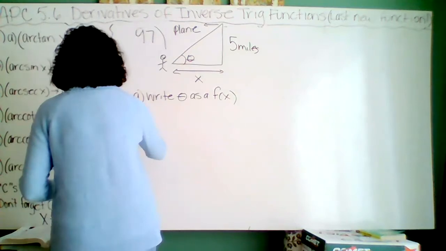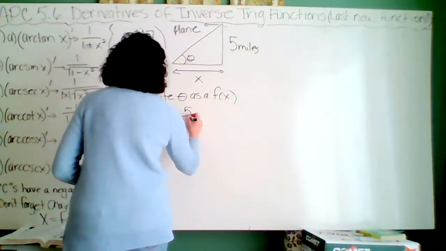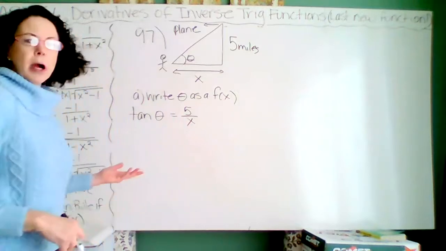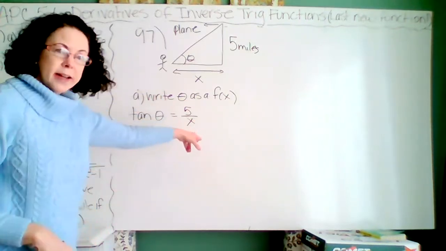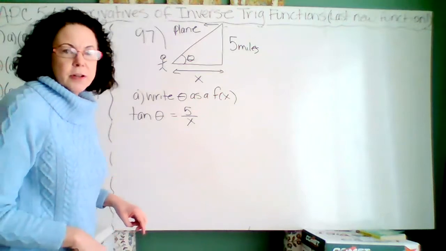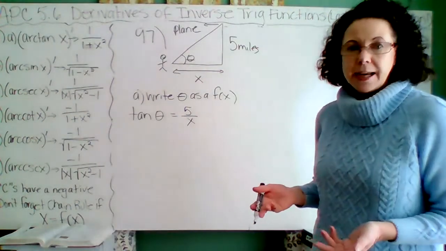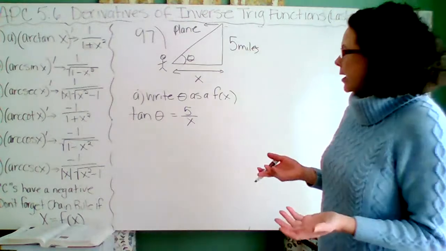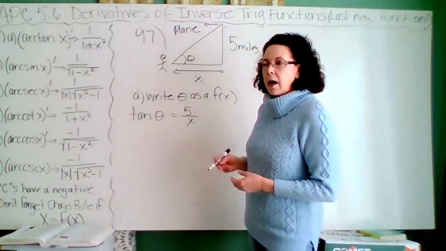So what I can start with is that tangent of theta equals 5 over x. Okay, 2 problems here. First of all, they want the theta alone. It says write theta as a function of x. So because I'm going to be focusing on the angle, I'll do an arctangent, maybe.